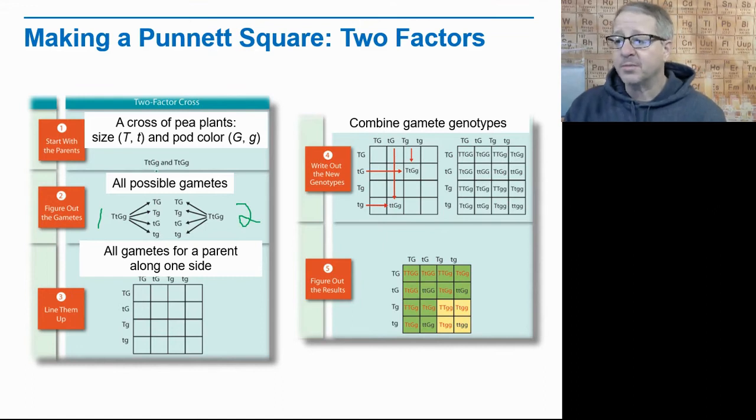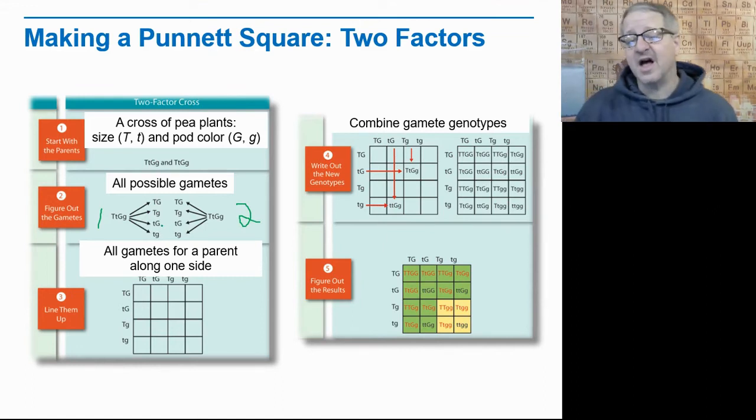Okay. The possible gametes, these are the combinations that could end up in the eggs or the sperm of these parents. And so we need to get one letter or one factor, one allele from each of the two factors. So we need a T and a G in each gamete. So the possibilities that we can get from this are big T, big G, right?